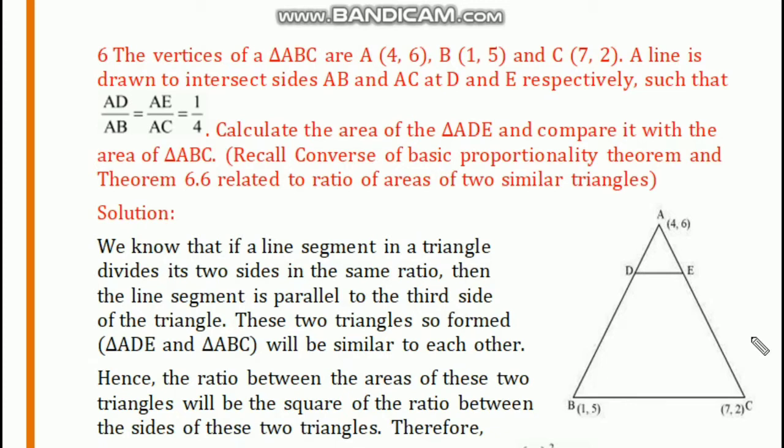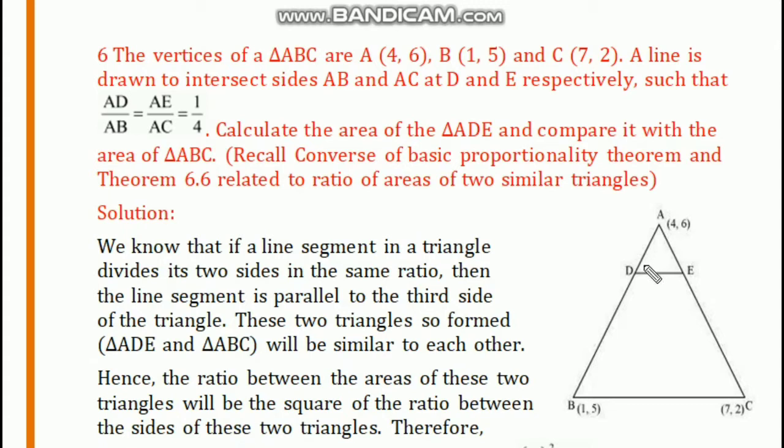So that is what the question also gives. At the same time, there is the similar triangle property we studied in the ninth standard. The square of the ratio between the two sides will be the ratio between the areas of these two triangles, the triangle ABC and the triangle ADE.